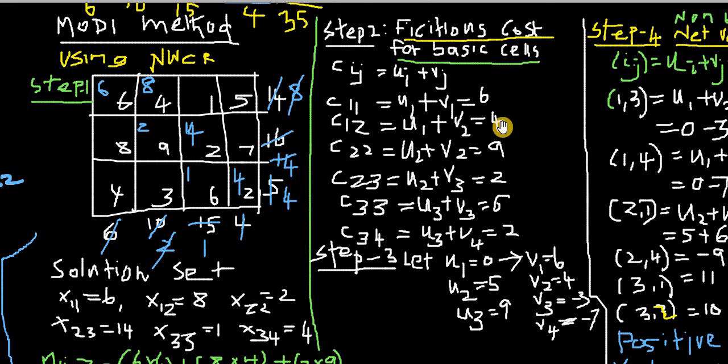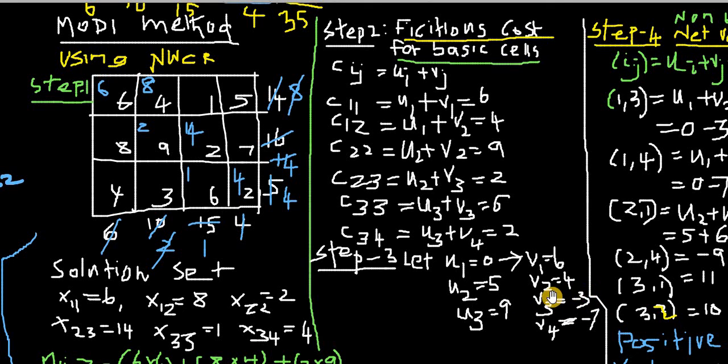That is, you bring this number to this side, 9 minus 4, it will be 5. Now to find V3, U2 we know well. U2 value is 5. Therefore, you bring that to that side, you will get V3 is equal to 2 minus 5, which is minus 3. V3 is equal to minus 3.